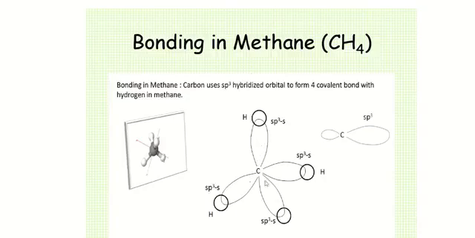These 4 sp3 hybridized orbitals will make 4 sigma bonds with s orbitals of hydrogen atoms, forming a tetrahedral geometry and a bond angle of 109 point something.